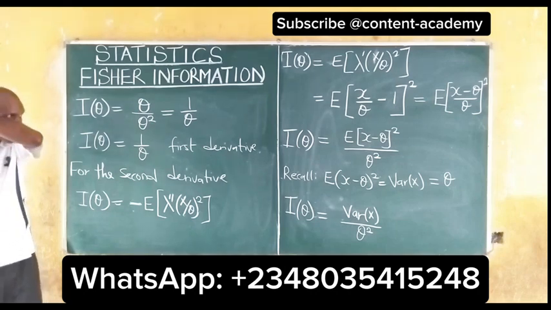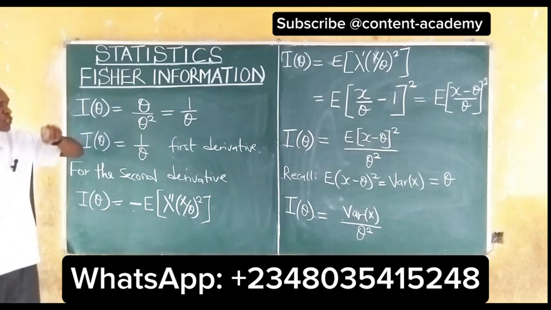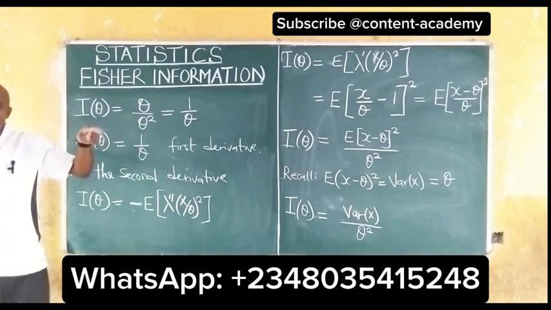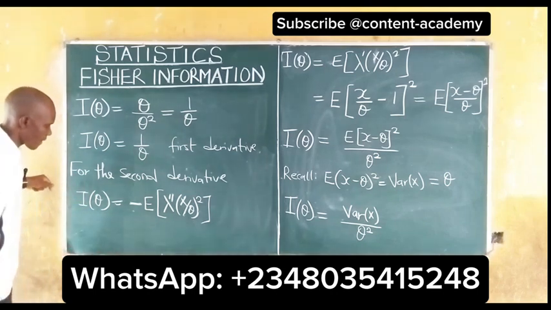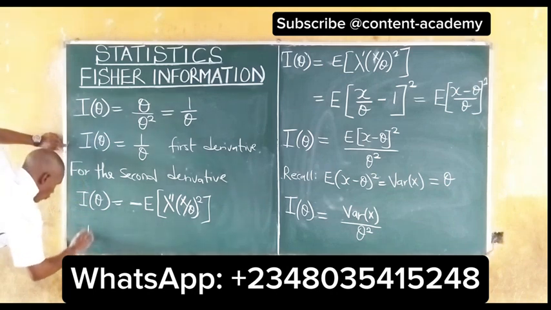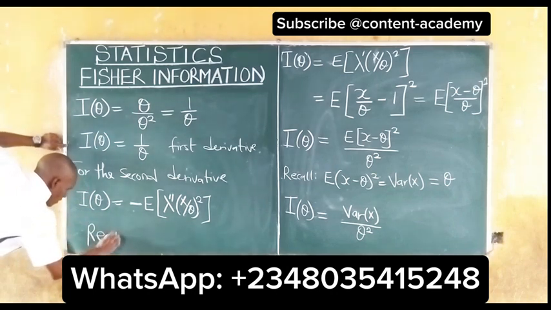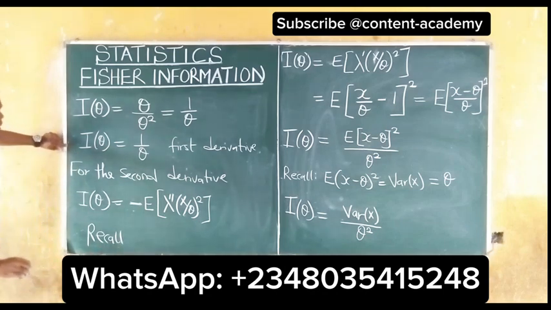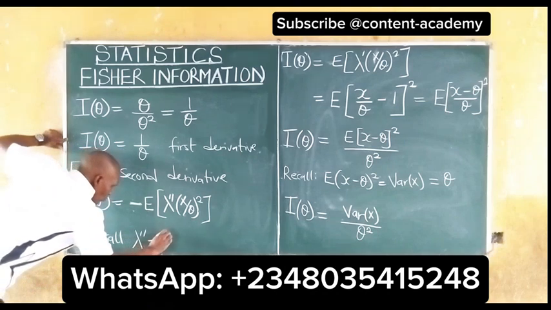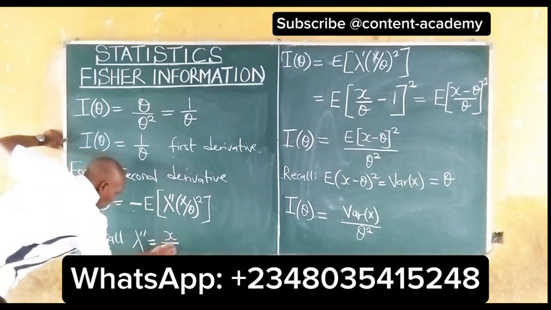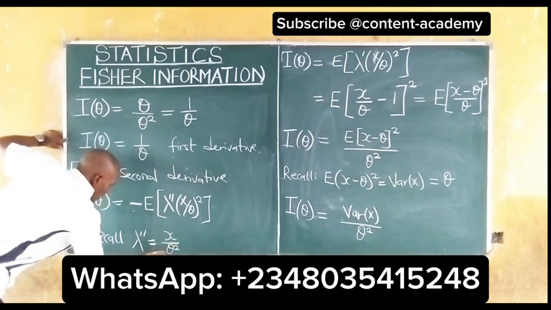Now what do we do? We can recall what we got for our second derivative: x all over theta squared.